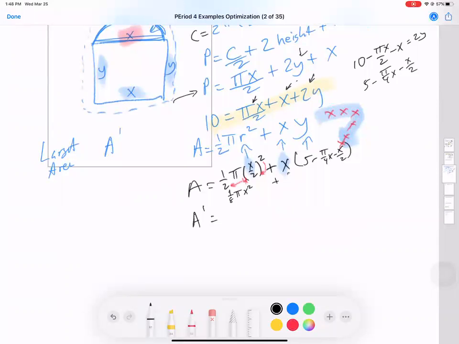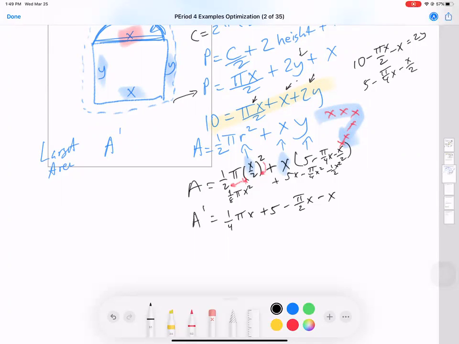That'll be plus 5x minus pi over 4 x squared minus x squared over 2. To make our lives a little easier, the derivative would be 1 over 4 pi x plus 5 minus pi over 2x minus x.